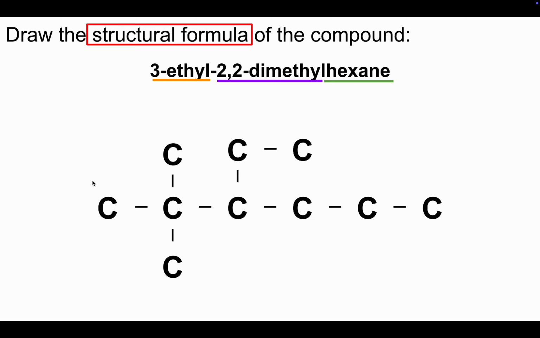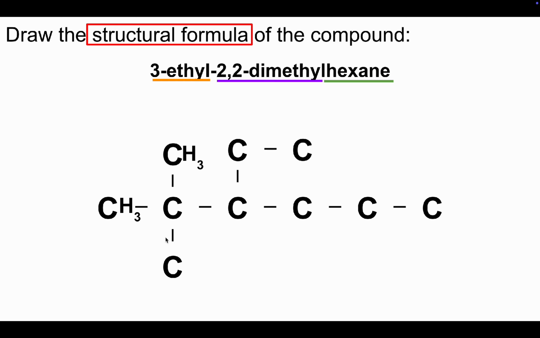In this carbon, I already have 1 bond, so it can only bond to 3 hydrogen atoms. So we write H3. Now, the correct way of writing it is like this, H3C, to show that this carbon is bonded to this carbon. However, again, to make it easier, I will accept this drawing. This one also has 1 bond, so this will be H3. This one has 4 bonds, so no hydrogen atoms can attach to it, so we don't write anything.